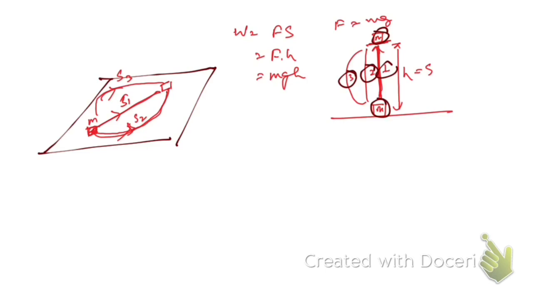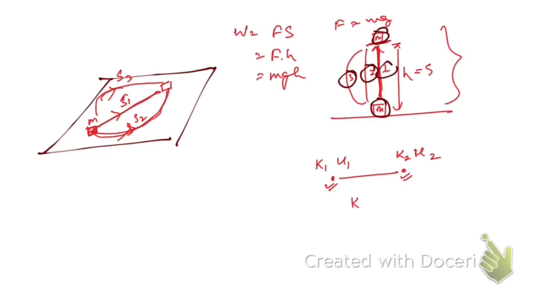Now you see here, in case of a gravitational field, at the initial position suppose the kinetic energy is k1 and potential energy is u1, and at the final position the kinetic energy is k2 and potential energy is u2.